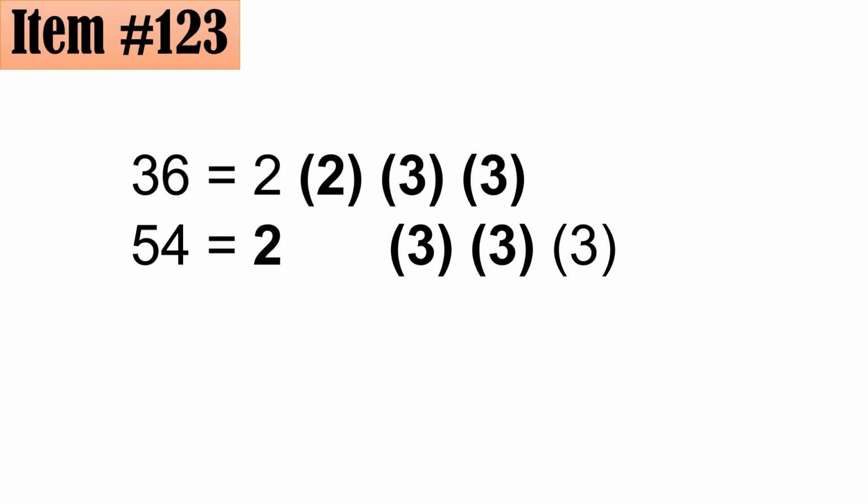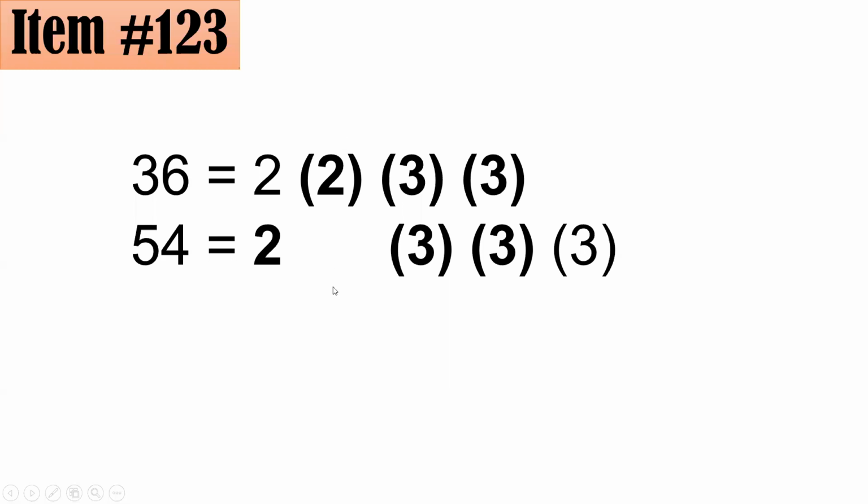So I think this is a similar set of numbers for the previous item, no? So all I did was I aligned together factors that are the same. So you see, meron silang 2, so I align them. Ito, meron pa siyang isang 2, but 54 does not have another 2 as a factor.